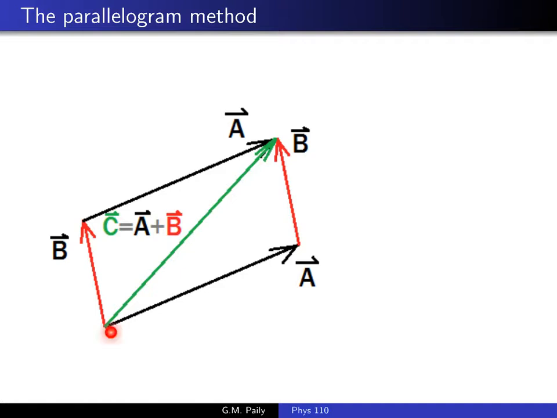Okay, how do you know which diagonal? Well, we can see that these two vectors, A and B, which we're trying to add, lie along these directions, and the resultant, the sum, will lie between them.